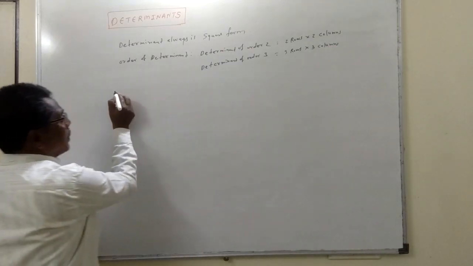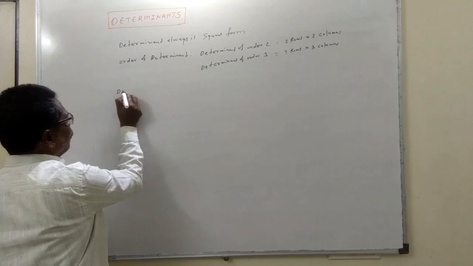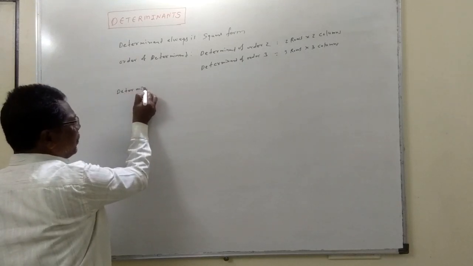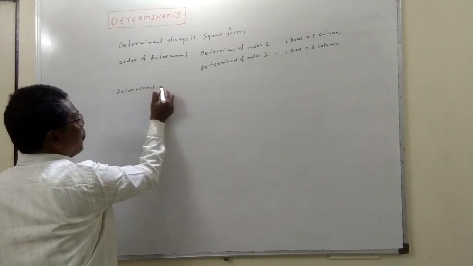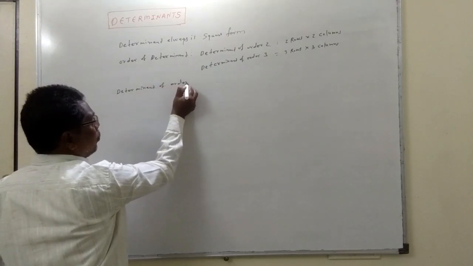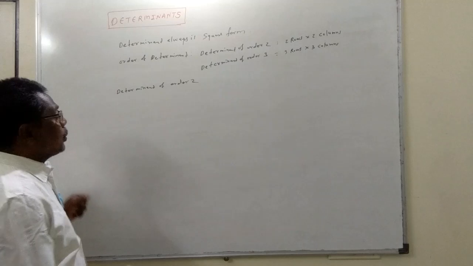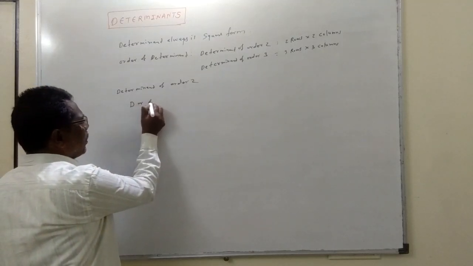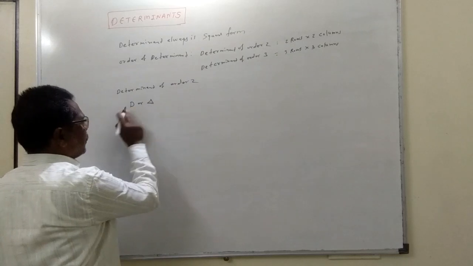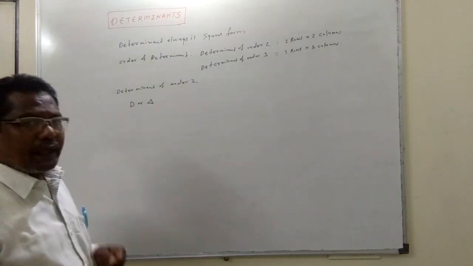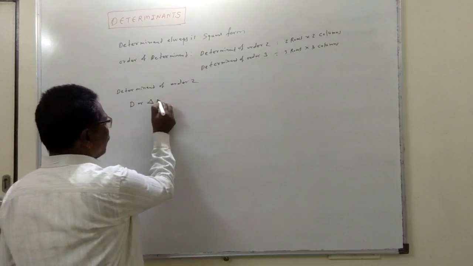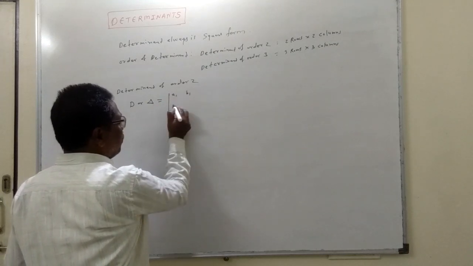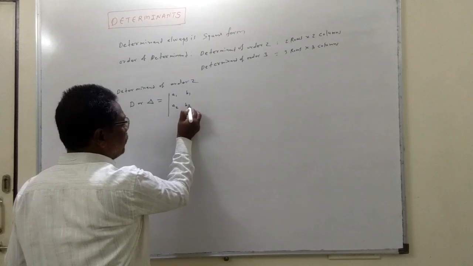So now suppose we write a determinant of order 2. The determinant is denoted by capital D or delta. So that is equal to the determinant, suppose, A1 B1 A2 B2.